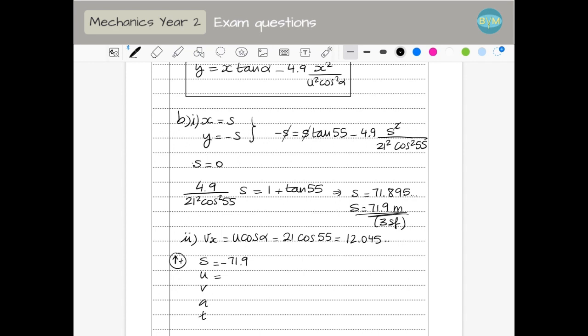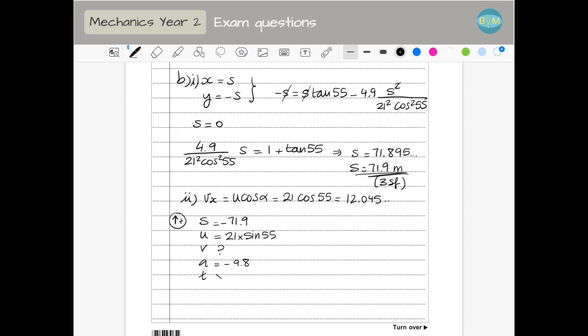Initial velocity is u sine, so 21 times sine 55. Final velocity is what I need. Acceleration is minus 9.8. I'm considering this one positive, and the time we don't need. So we can use a SUVAT equation without time. v squared is u squared plus 2as. v squared is what I need.